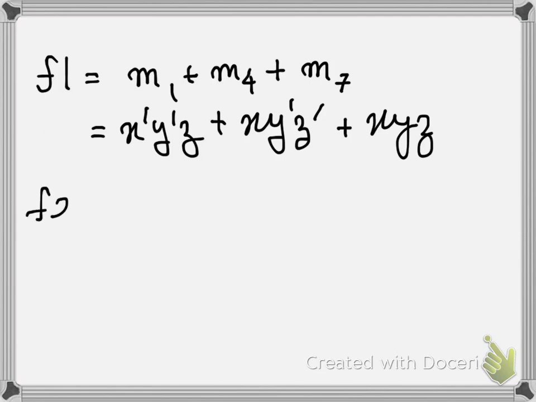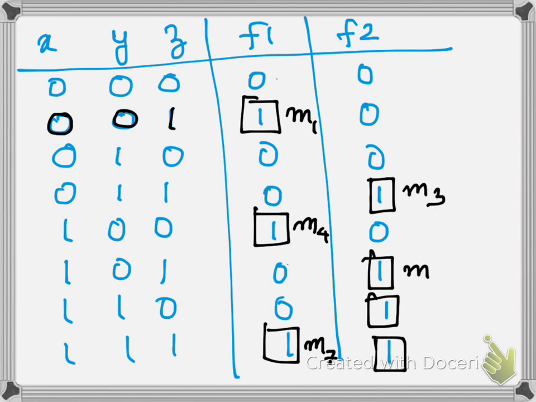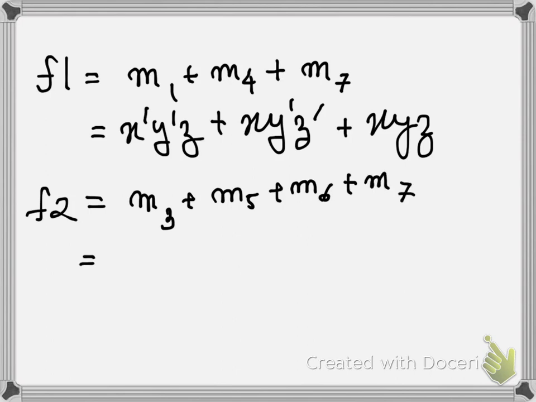What about F2? For F2, we take the ones, this one, 2, 3 and 4. So this is M3, M5, M6, M7. Our function F2 would be M3, M5, M6, M7. And what is M3?